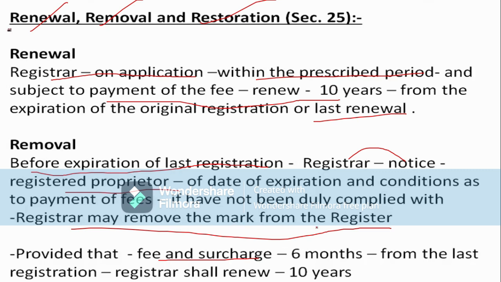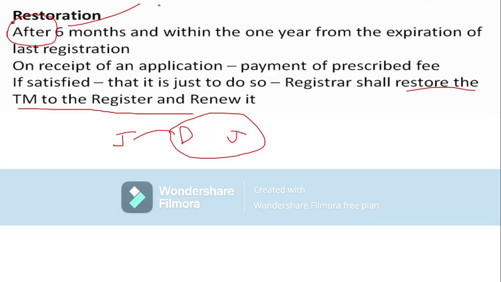After removal of the mark, after the expiration of the original or previous registration, after 6 months and within 1 year, if he again pays with the surcharge in the prescribed manner, then the registrar will again renew it for 10 years. So that is the restoration here.